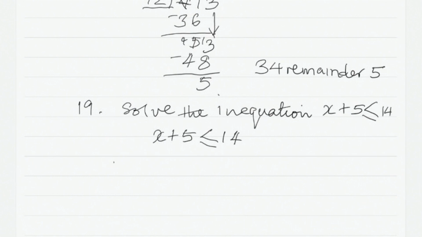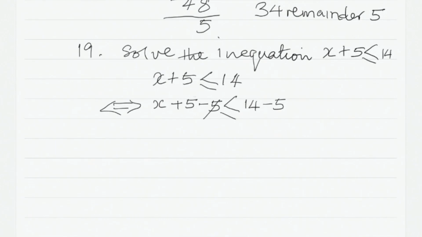You have to get the additive inverse of positive 5, which is negative 5, and we know very well that this sign stands for less or equal to. So what we have done this side, that is what we are also going to do on the other side.